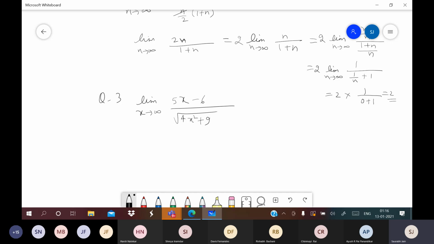The reason is you may be observing x square as the highest term, but try to understand that it is present inside the square root. So if we talk about effective power, the effective power of the denominator is not x square, it is actually x, or the power is 1. So instead of dividing by x square, we'll be dividing this numerator and denominator by x.